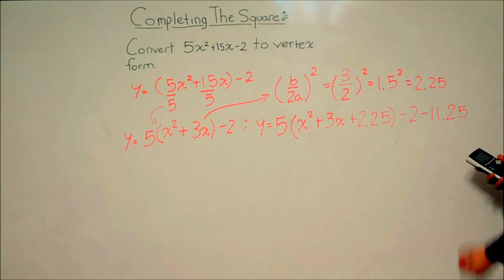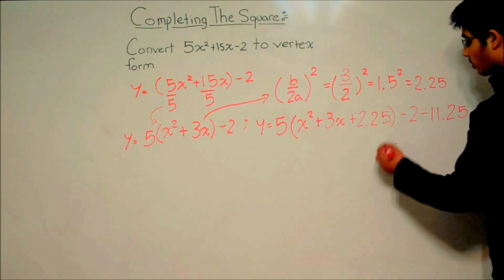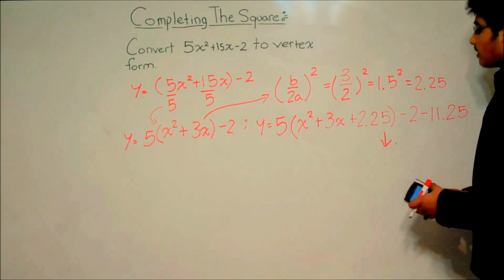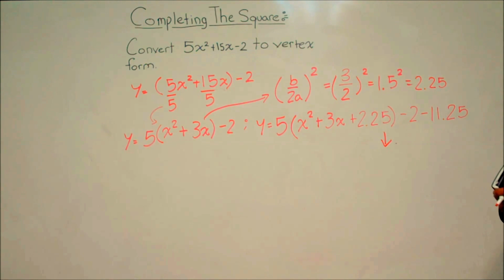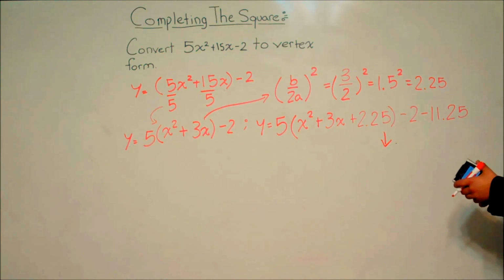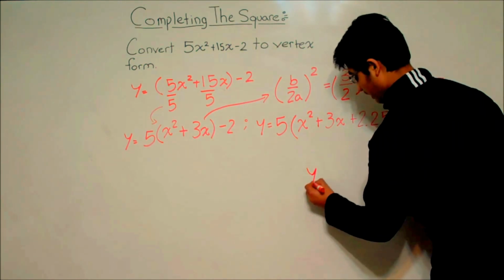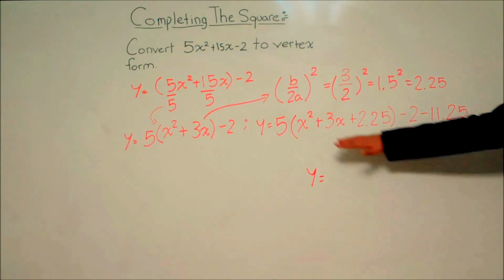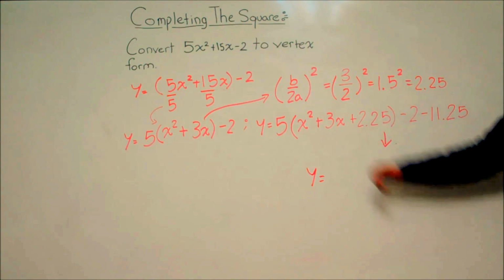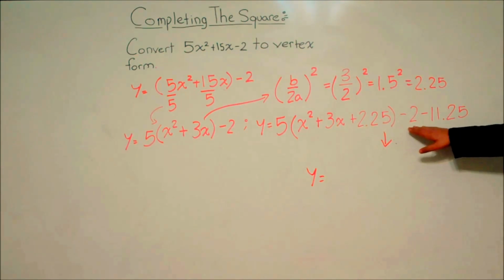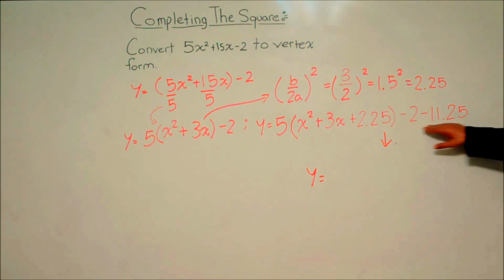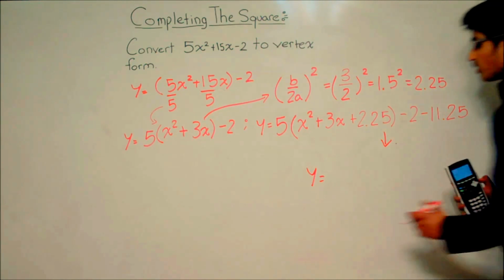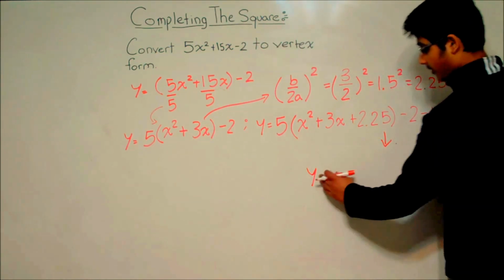However, this is a crucial step towards converting it to vertex form. The reason is that it gives us this perfect trinomial, and it also tells us at the end of vertex form what to subtract. So now we have to write this in vertex form.